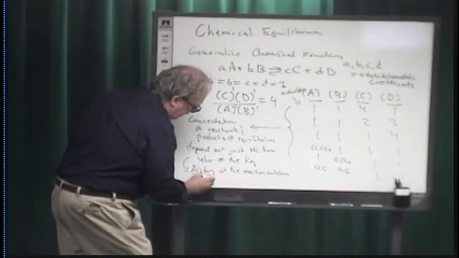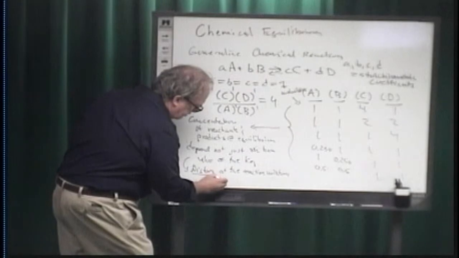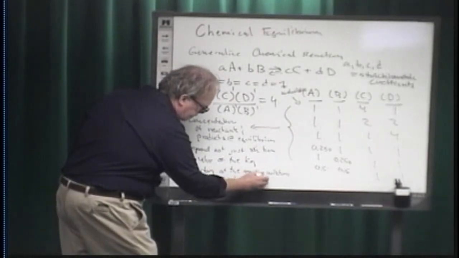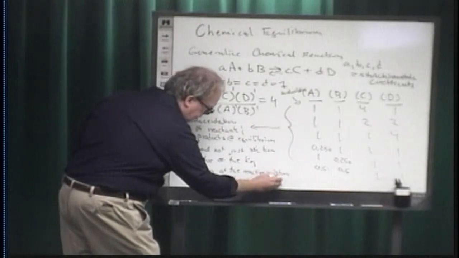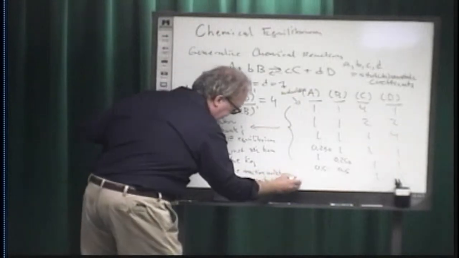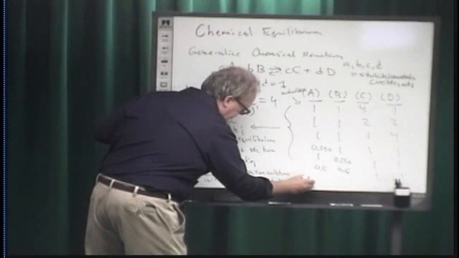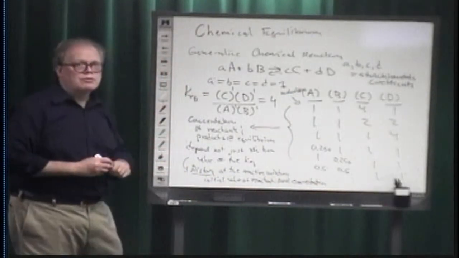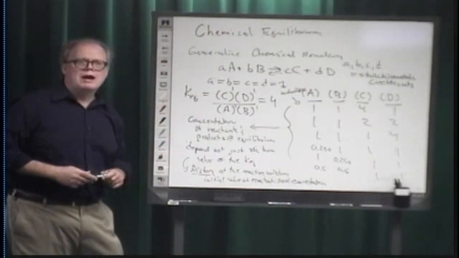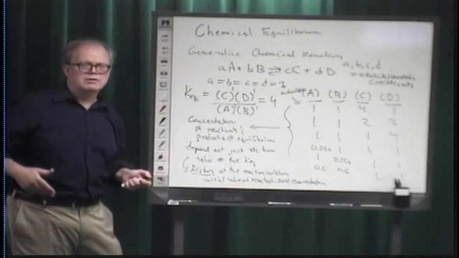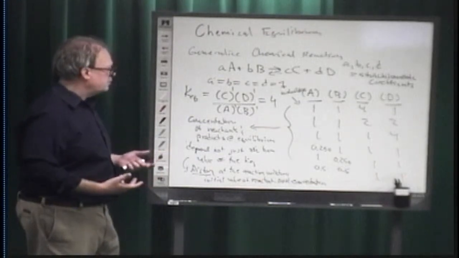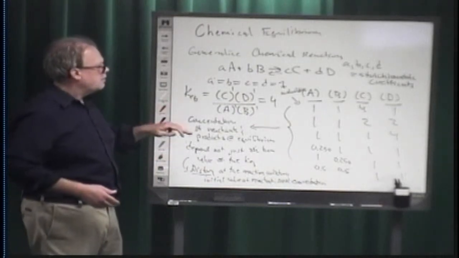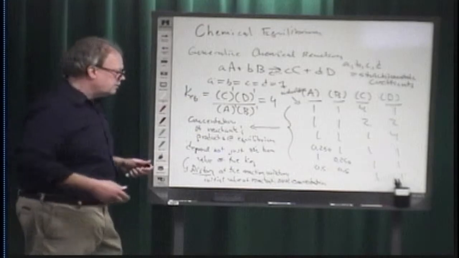Okay, the initial values of reactant and product concentrations when the chemicals were mixed together before they came to equilibrium. How the equilibrium was established, what chemicals were there when they were initially mixed together. That, along with the equilibrium constant, will determine the equilibrium values of concentration.